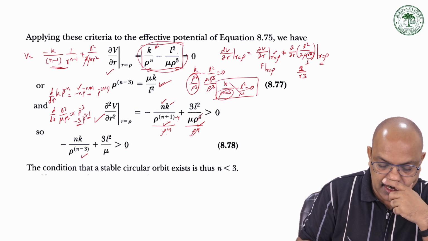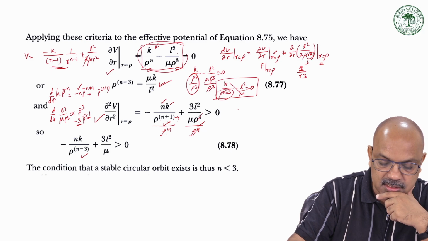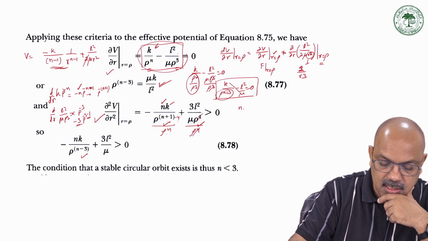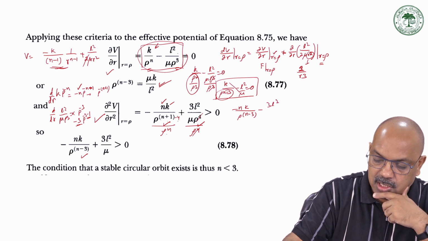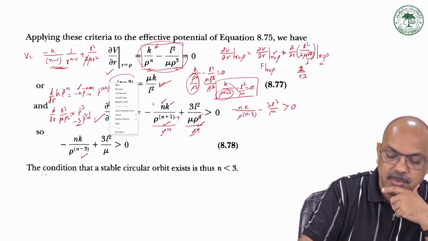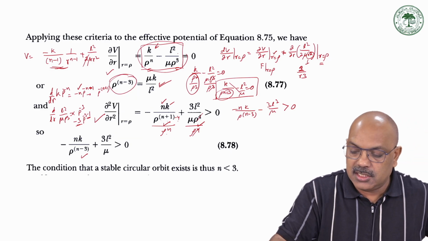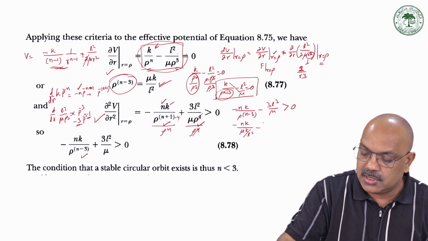So this condition gives you minus nk upon rho n minus 3, minus 3L square by mu, is greater than 0, and I can put the value of rho n minus 3 from here at this place. So this is going to be minus nk, and rho n minus 3 is mu k by L square, minus 3L square by mu is greater than 0.